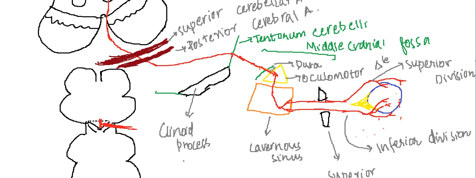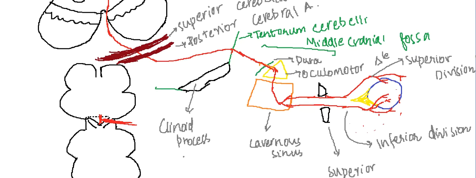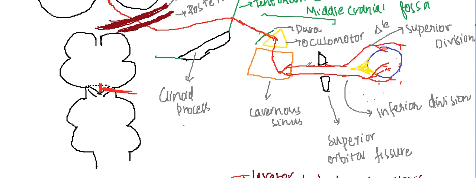In the middle cranial fossa it crosses the dura and also the oculomotor triangle, and then it enters the cavernous sinus. From there it will reach the superior orbital fissure. It will divide into two divisions in the orbit, that is superior division and inferior division.